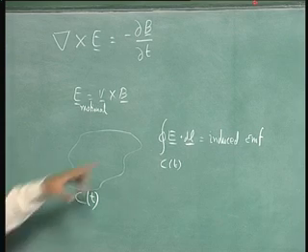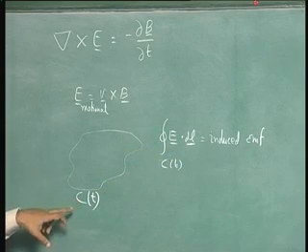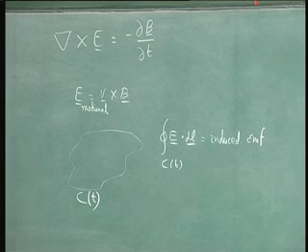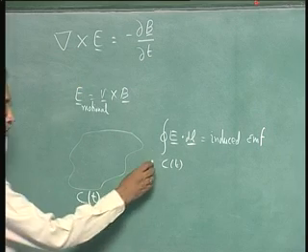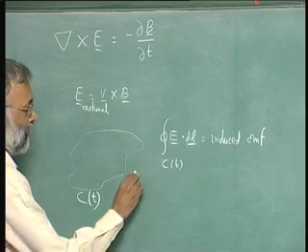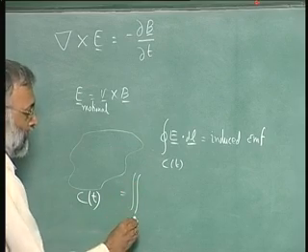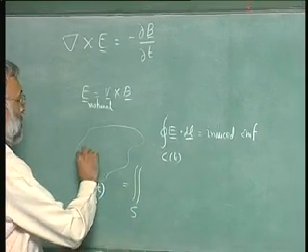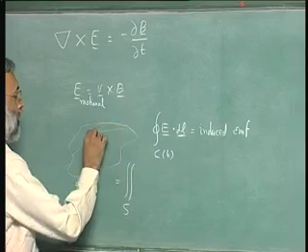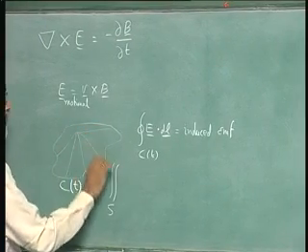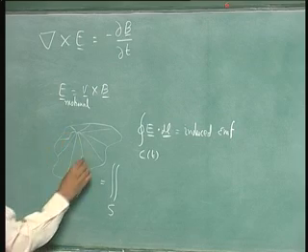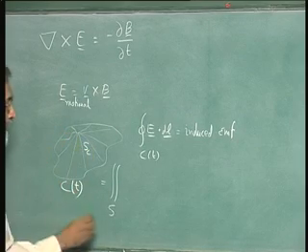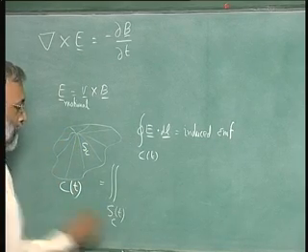And I want to find out what that is when the loop is moving. Well, I apply this equation. So this loop integral is equal to the surface integral over the surface that connects this loop, that is S sub c, and it is also a function of time.